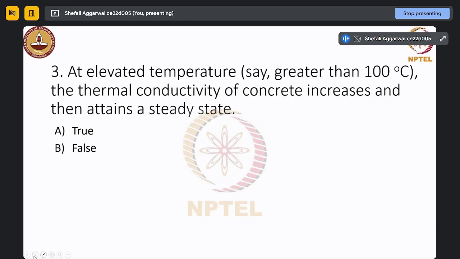At elevated temperature, say greater than 100 degrees Celsius, the thermal conductivity of concrete increases and then attains a steady state. Is it true or false?